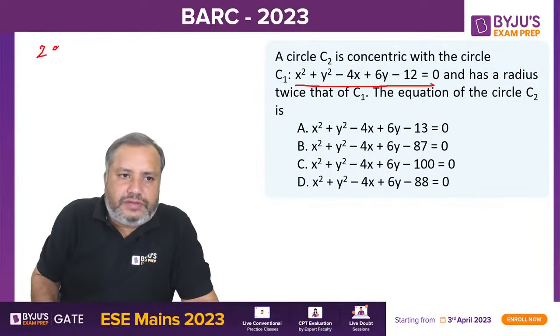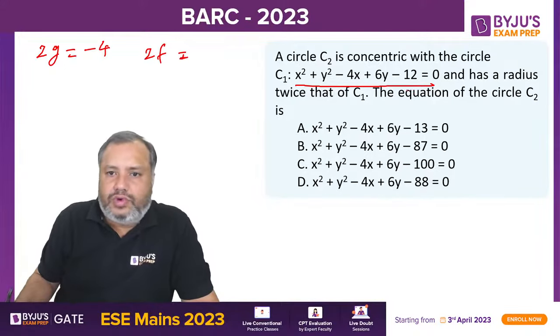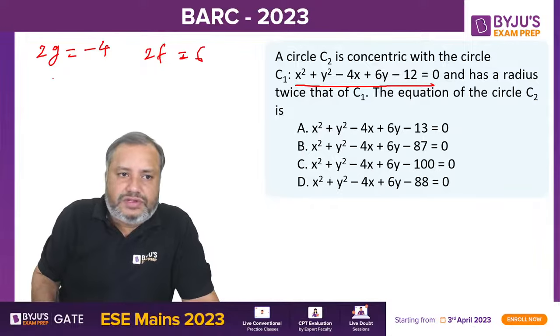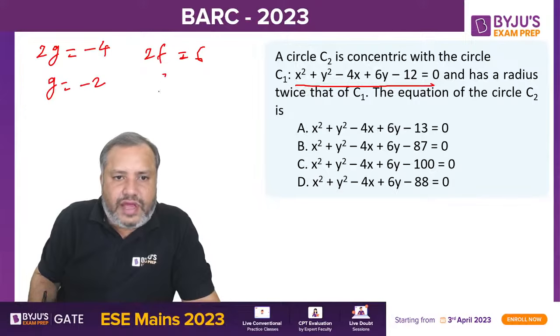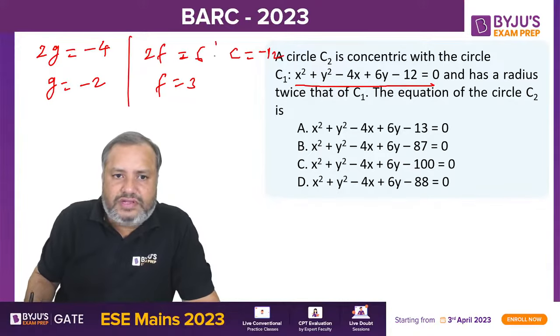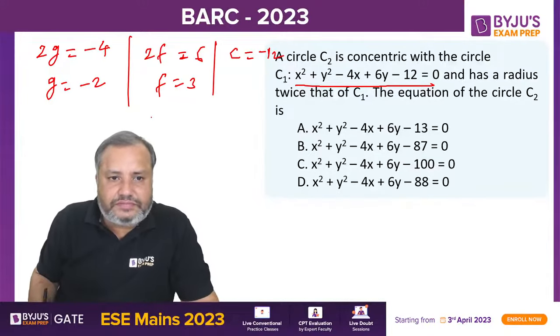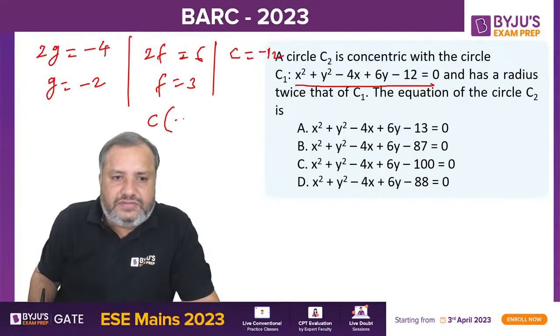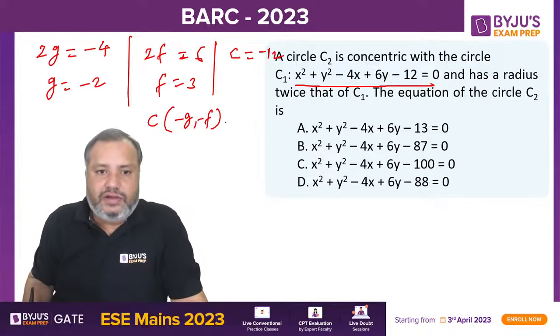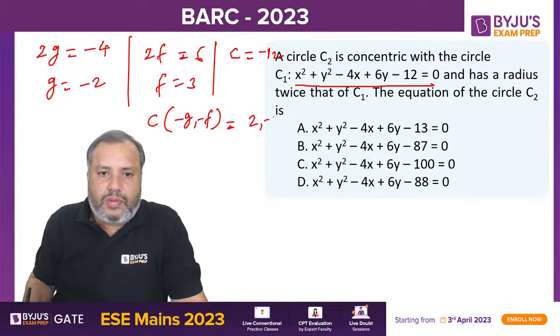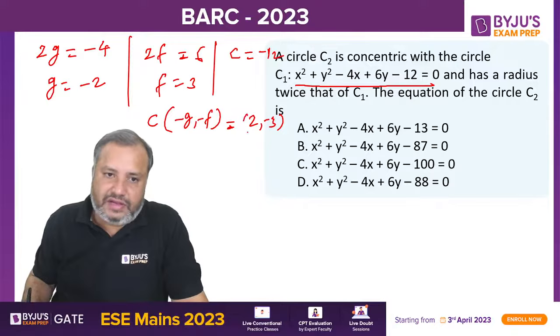So, 2G is minus 4, G will be minus 2. 2F is 6, F will be 3. What about the constant term C? C is minus 2. Okay, what is the radius? What is the center here? Center is minus G, minus F. Remember, it should be 2 comma minus 3.